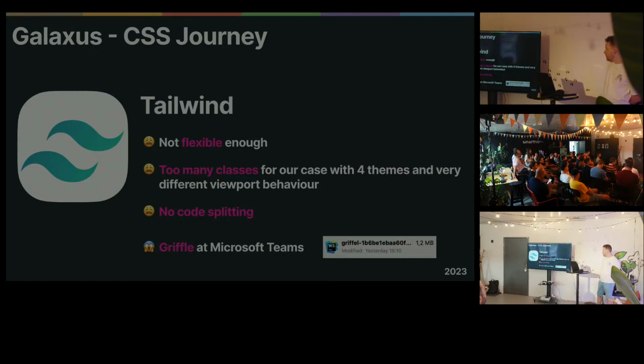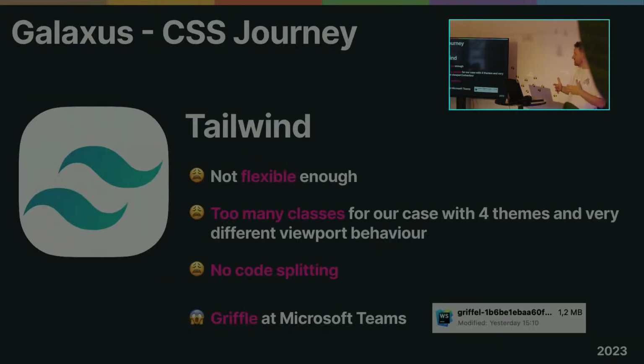Microsoft Teams is, you probably know, more or less an Electron app, and they came up with a really fancy way to write any CSS, and then somehow a compiler would pack it into atomic CSS classes. In the end, they ended up with 1.2 megabytes of CSS. Because it's atomic and they don't know which of that CSS is really used in the beginning, they have to load all this 1.2 megabytes before they can render anything. And we thought, okay, maybe it's not realistic that we will end up there with Tailwind, but better not to try.